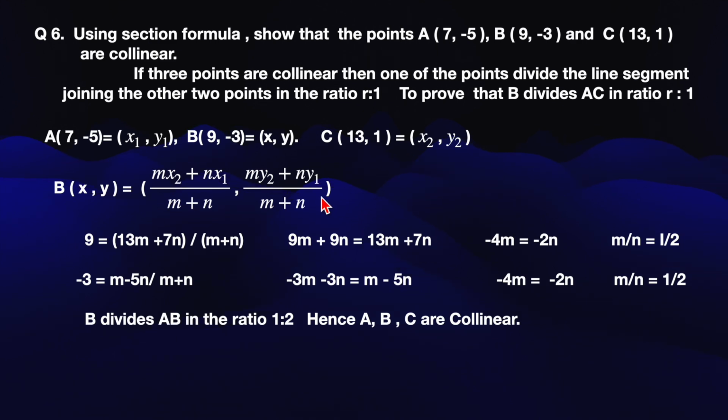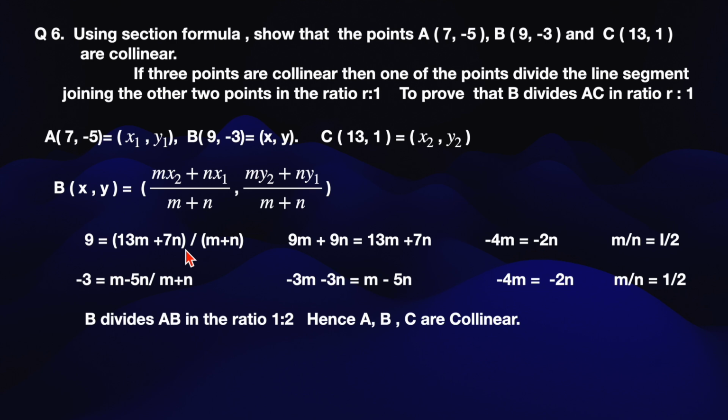Use the section formula, substitute all these points here, and here we see that x coordinate, that is 9 here, is equal to m into x2, 13 plus n into x1, that is 7, upon m plus n.